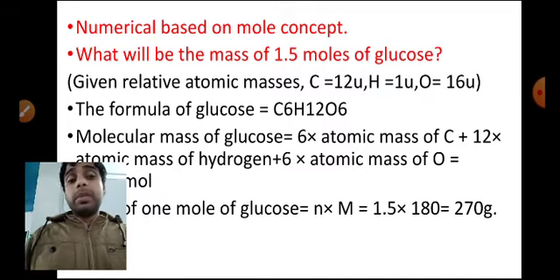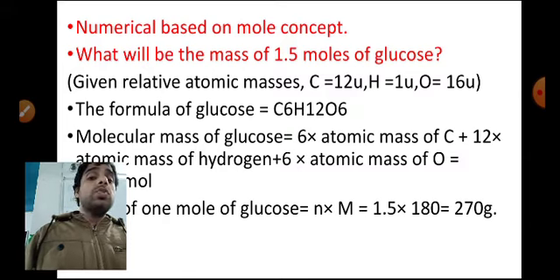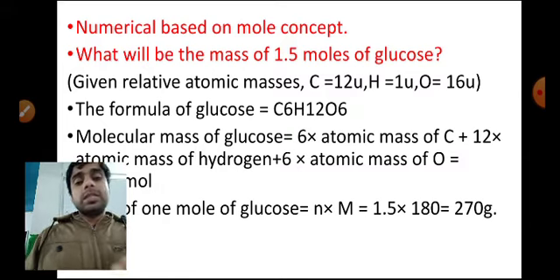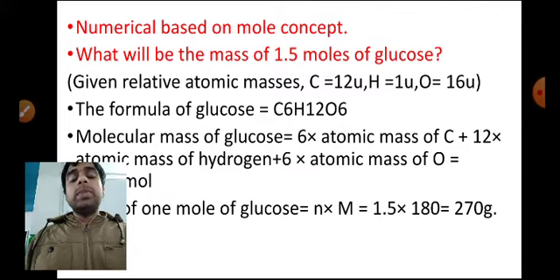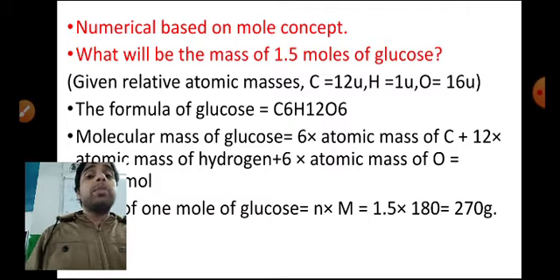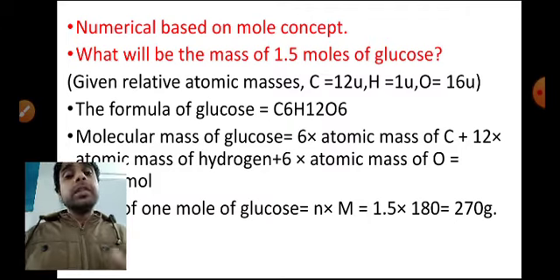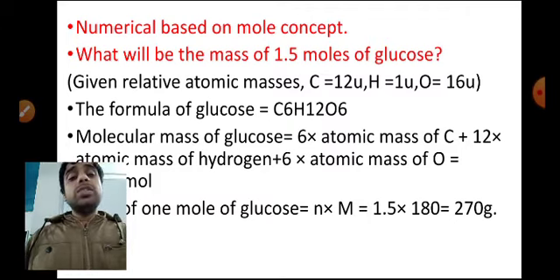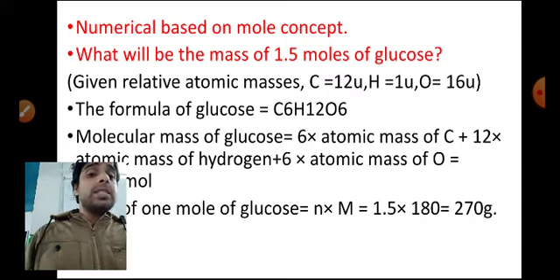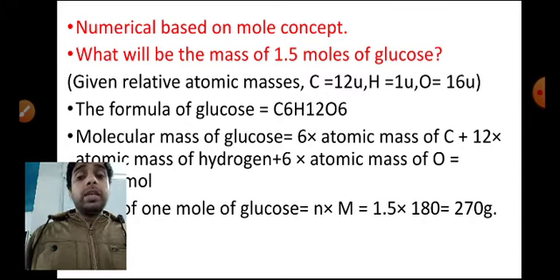My suggestion is to remember at least 30 atoms and their atomic masses with symbols. Then only you can do these numerical questions, because the relative atomic masses are not always given in the question.